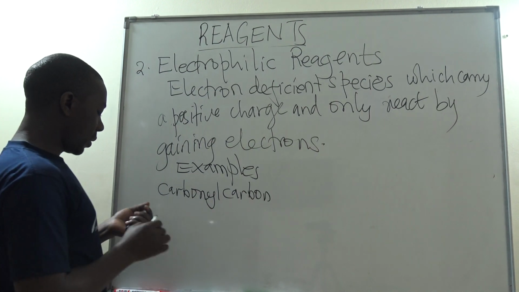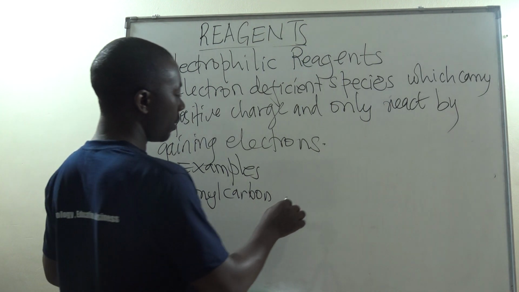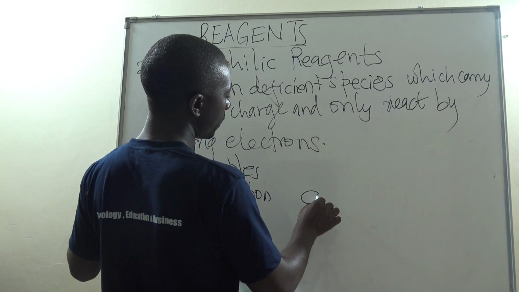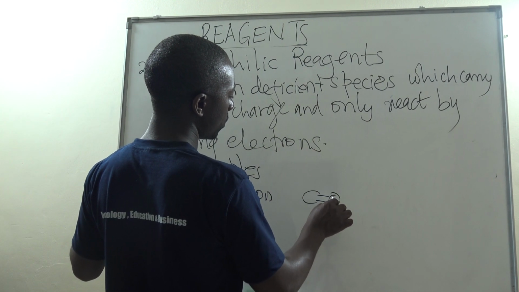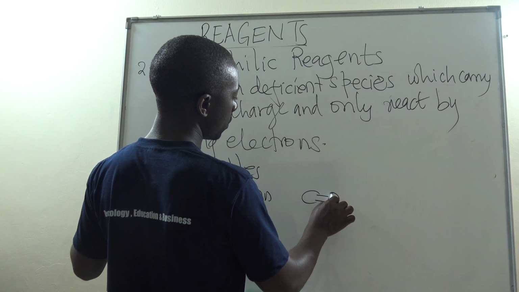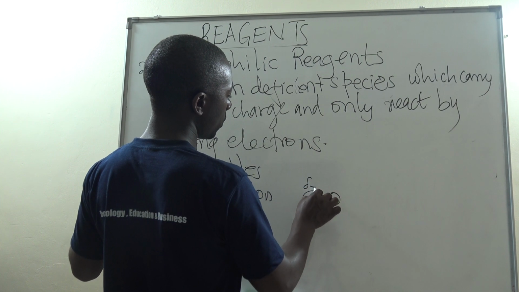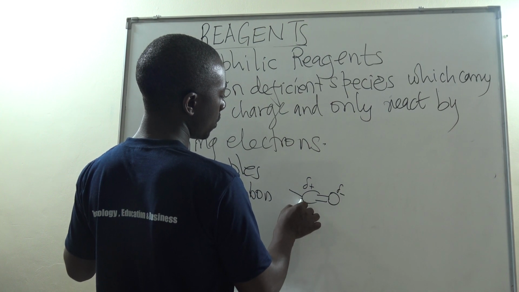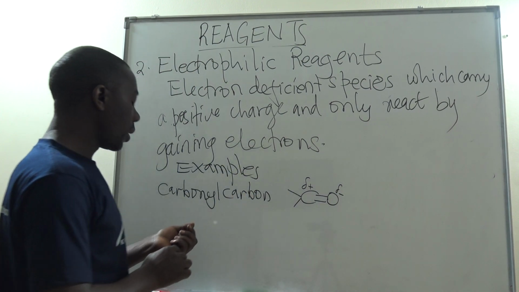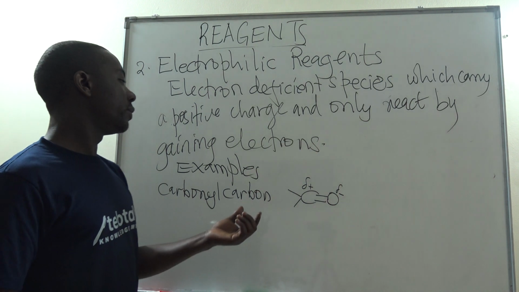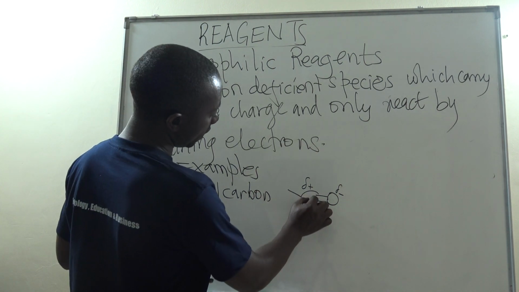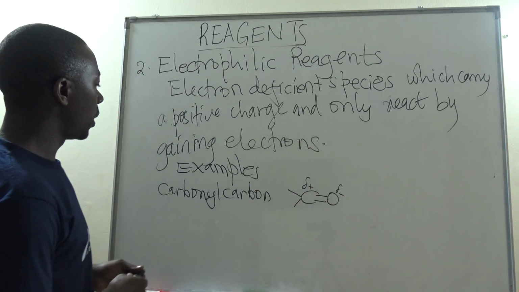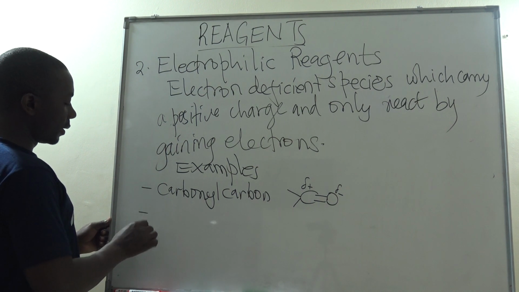Carbonyl carbon is electron deficient. For example, we would represent it by this. That carbonyl carbon is electron deficient. It will only react by receiving electrons from a nucleophile. That is the first example.